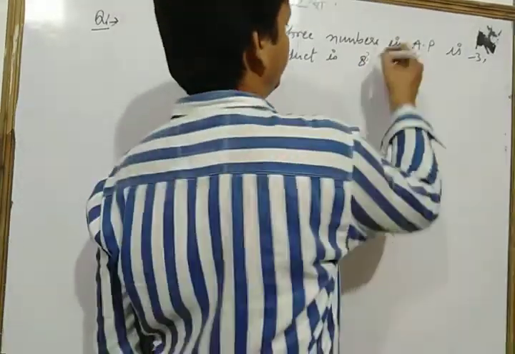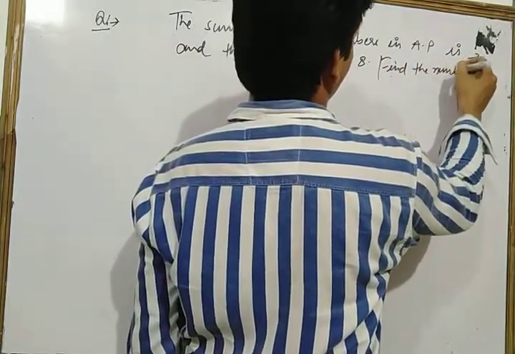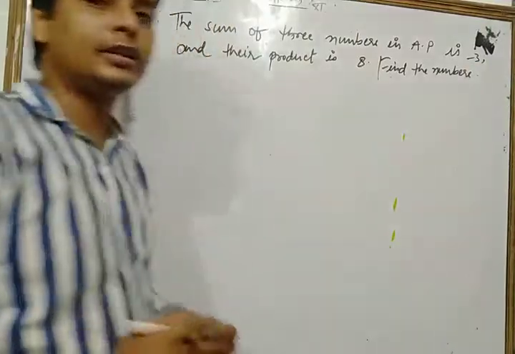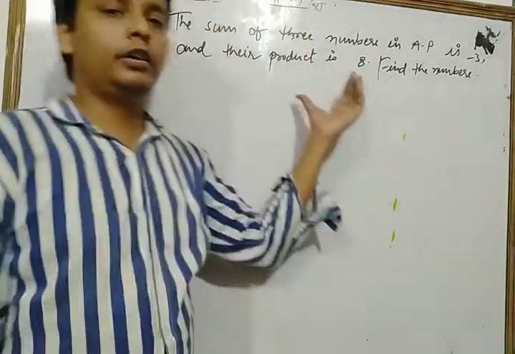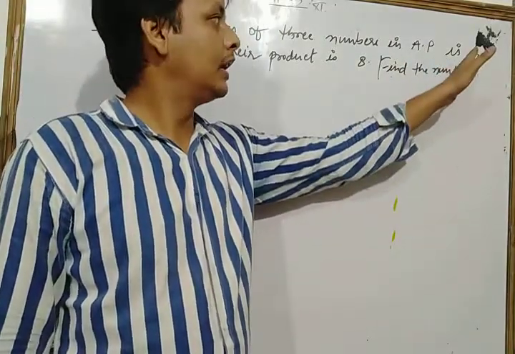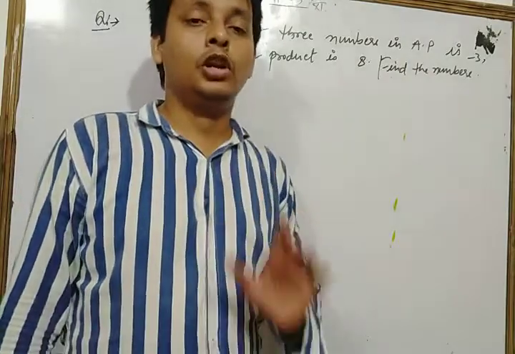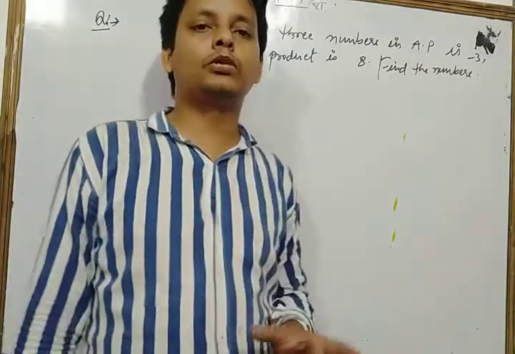Find the numbers. Okay, now here this is the question. The sum of 3 numbers which are in AP is minus 3, and their product is 8. So find the numbers.